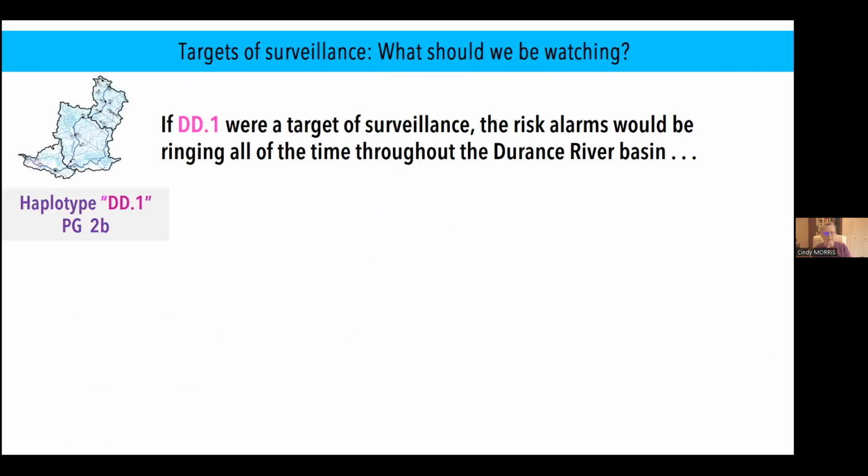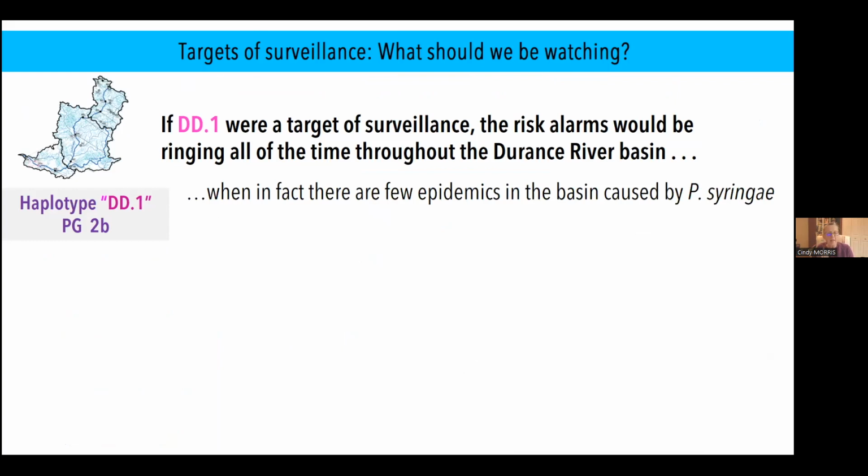So if, for example, when we saw that haplotype DD1 was really abundant, we targeted that for surveillance, we'd be sounding the alarm bell all the time in the Durance, and unnecessarily, because there are, in fact, very few epidemics caused by Pseudomonas syringae in the Durance River Basin. There are some on apricot and lettuce, but there's nothing extraordinary.